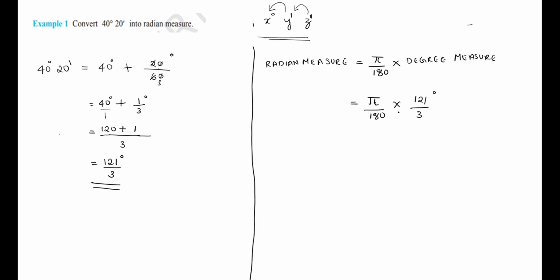Nothing cancels out here. So that is nothing but 121 into pi over 180 into 3, which is 540. This is the radian measure. So finally the answer for 40 degree 20 minutes in radian measure is 121 pi by 540.